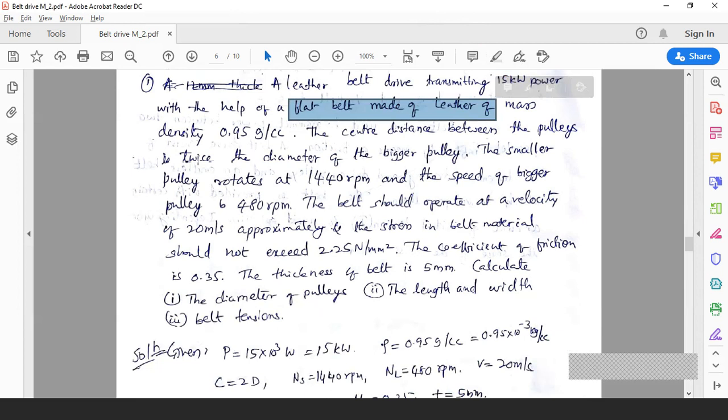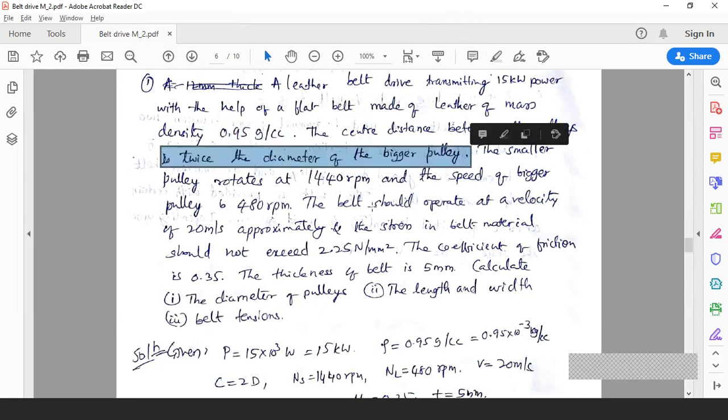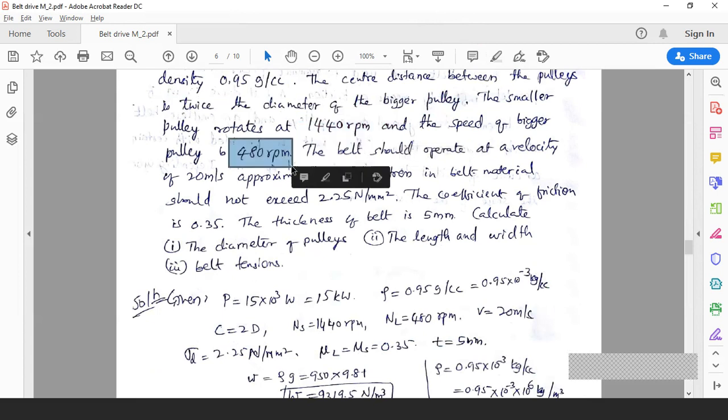The mass density is given as 0.95 grams per cc. The center distance is twice the diameter of the bigger pulley, that is 2 times capital D equals C. 1440 rpm is the speed of the smaller pulley, and 480 rpm is the speed of the larger pulley.